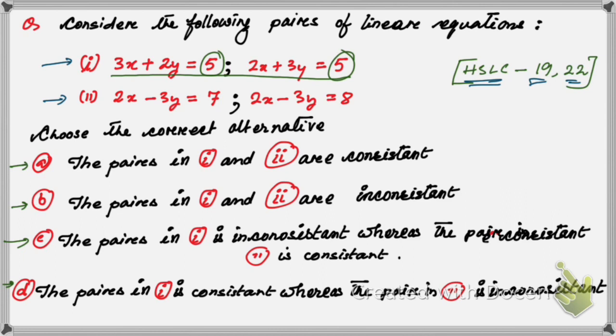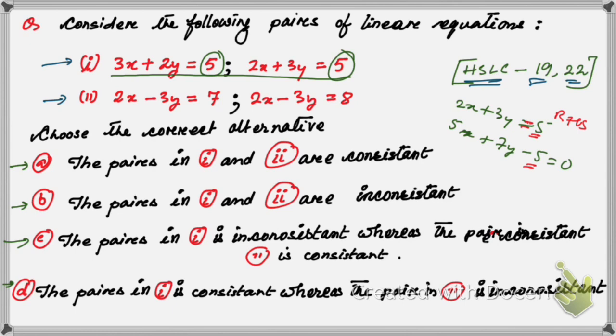If you have equations like this, suppose 2x plus 3y is equal to 5, and suppose 5x plus 7y minus 5 is equal to 0. So here in this equation you can see this 5 is on the right hand side, and here the constant term is on the left hand side. It is not necessary that it is always going to be 5, it may be 8, 9, 10 as well.